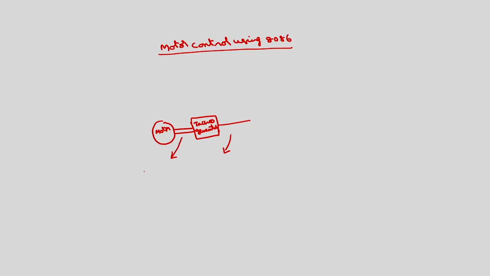If this is 1600 RPM speed, here the tacho generator will generate 40 volts AC. This 40 volts is a high voltage which cannot be directly connected to the microprocessor. So, what you have to do is step down this voltage using a step down transformer.